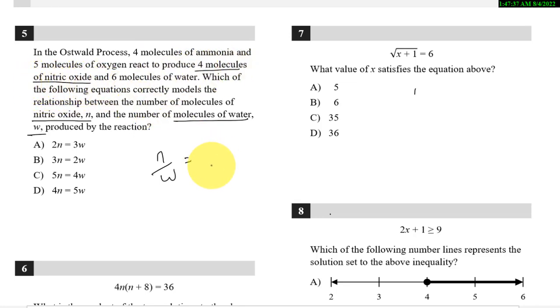Sorry about that. The molecules of nitric oxide are 4 over the molecules of water, which are 6. All right. So this is our proportion. When we cross multiply this, we get 6N = 4W. Divide on both sides by 2. This leaves us with 3N = 2W. And as you can see from the options we have, the answer is going to be B.